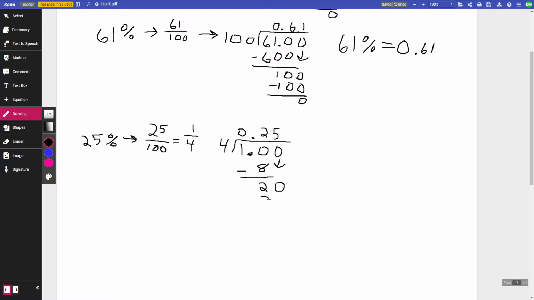So 5 times 4 is 20. We have a remainder of 0, and we can now say that 25% is equivalent to 0.25. So did the pattern hold? Come up with a rule, just a couple sentences, a phrase or two. What is our rule for converting from percentages to decimals?